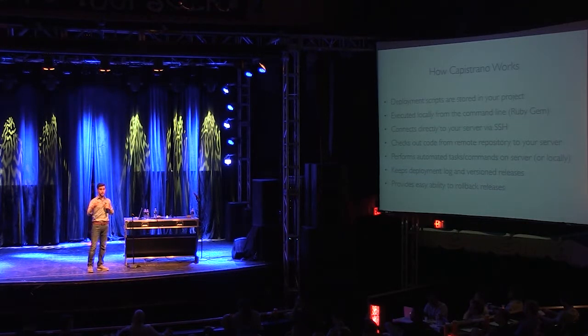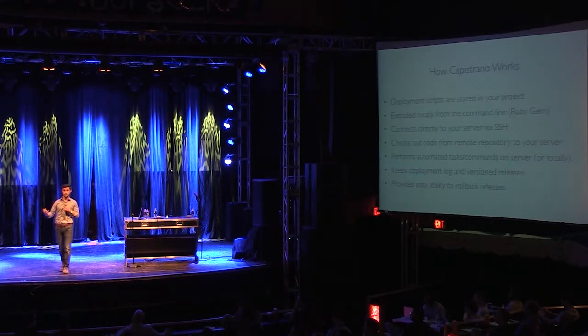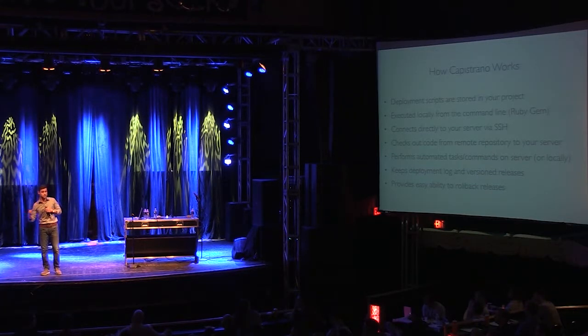So if you're working in a team environment, that's very helpful because the code that you're going to deploy is the code that's on the repository from a specific branch that you decide. Once it checks out that code, it runs through these automated tasks, makes updates, and then logs and versions that release, and then, of course, gives you the ability to easily roll back.